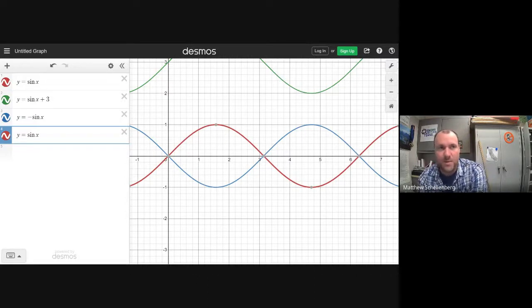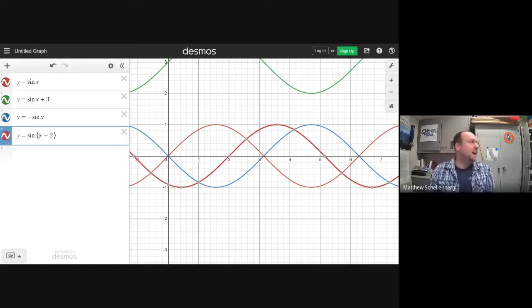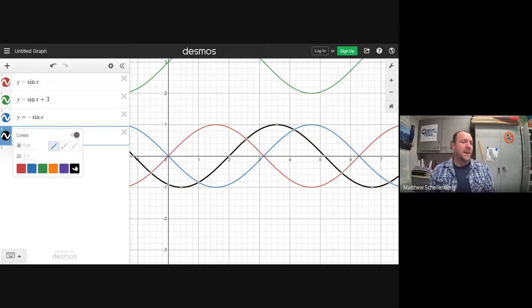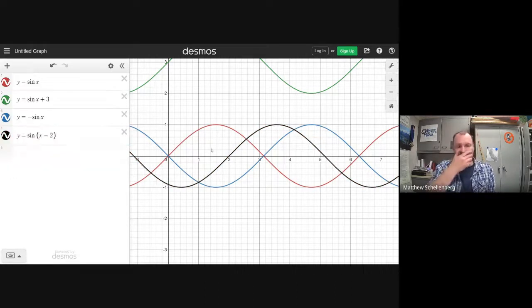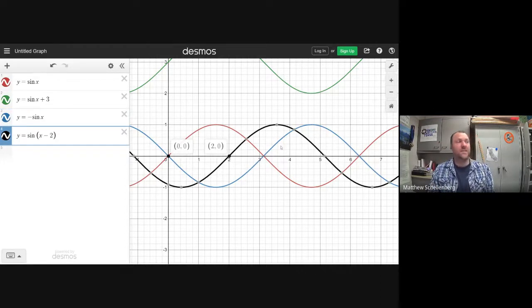Remember how we move 2 units in a parabola? It's that h value, so it's within the parentheses. So it goes like this. But I forgot the parentheses here. And I'm going to make this one black. And so notice it's still the same curve, but it's moved 2 units to the right. So instead of starting at 0, 0, it starts at 2, 0. But everything else is the same. So that's shifting the sine function to the right by 2 units.